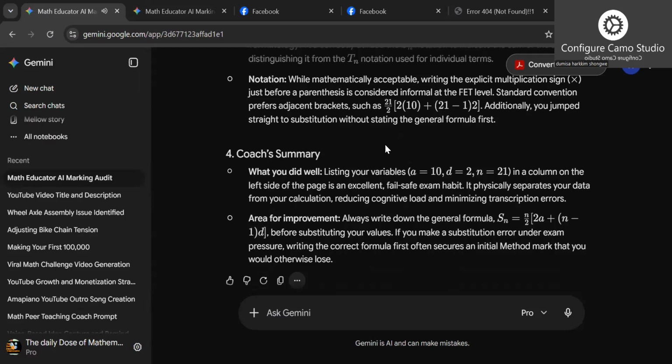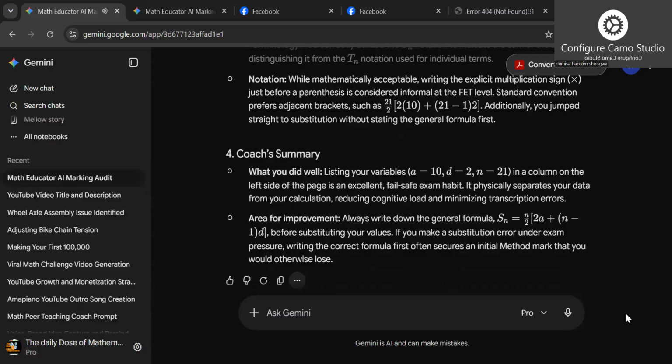Checkmark A. Checkmark M. Correctly selecting the arithmetic series sum formula and substituting the identified parameters: a equals 10, d equals 2, n equals 21. Final answer. S_21 equals 630, checkmark CA. Consistent accuracy mark awarded for the correct evaluation of the expression.